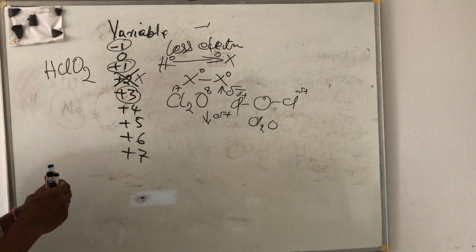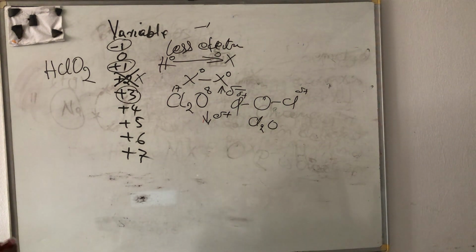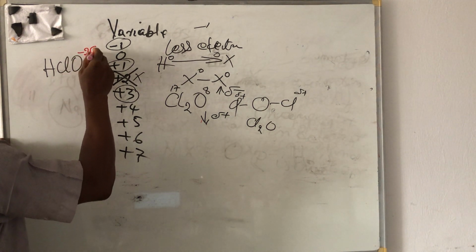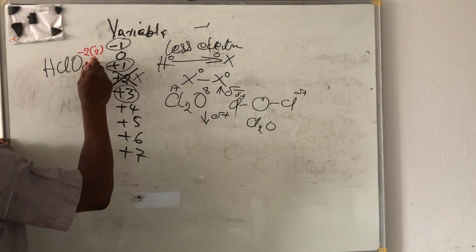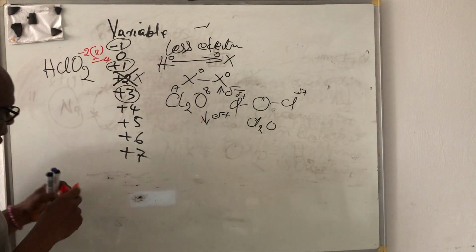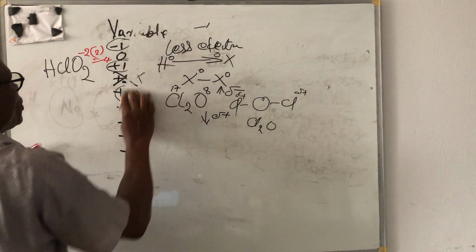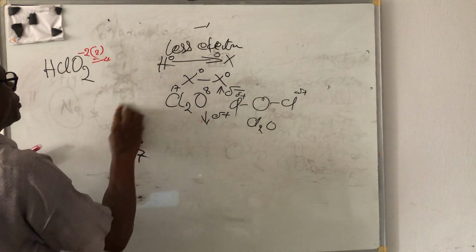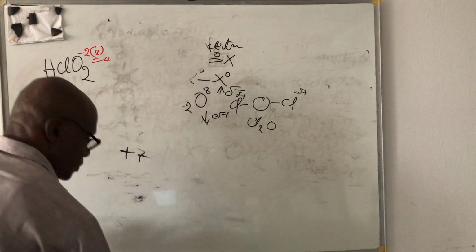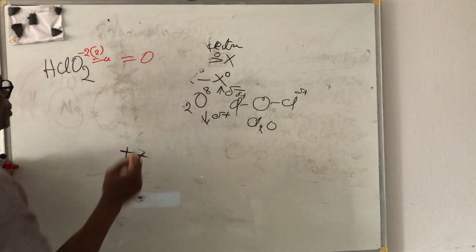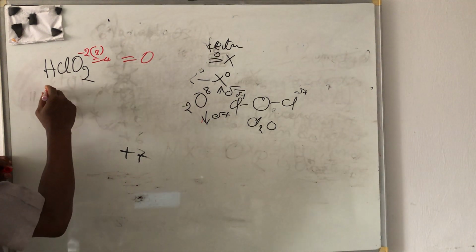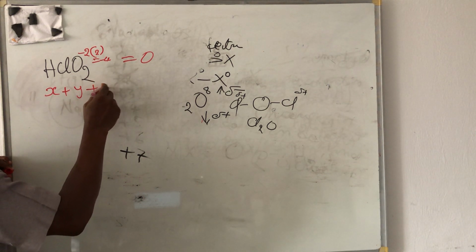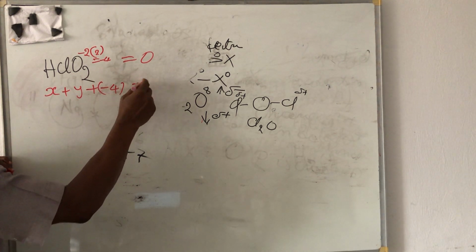We also have a possibility of having HClO2. In HClO2, oxygen will naturally take its -2, so -2 into 2 equals -4. For the molecule to attain a stable oxidation state, the sum has to equal 0, so you can say x plus y plus minus 4 equals 0.